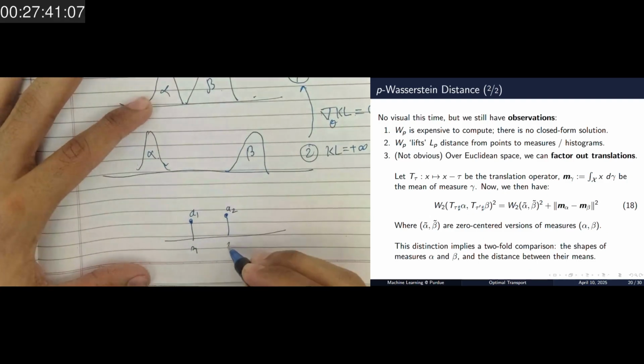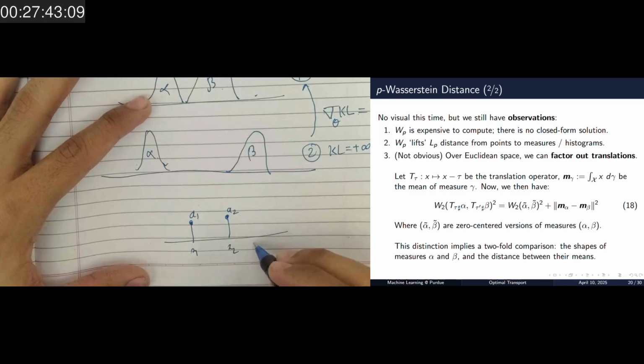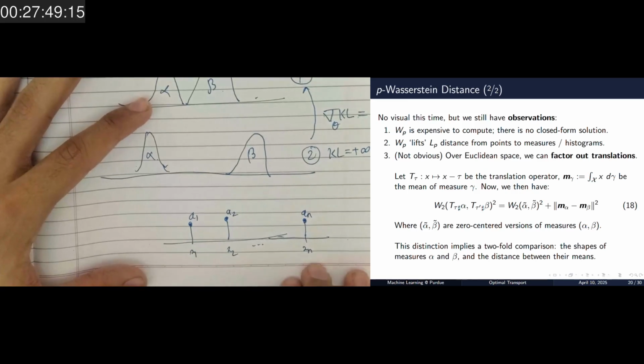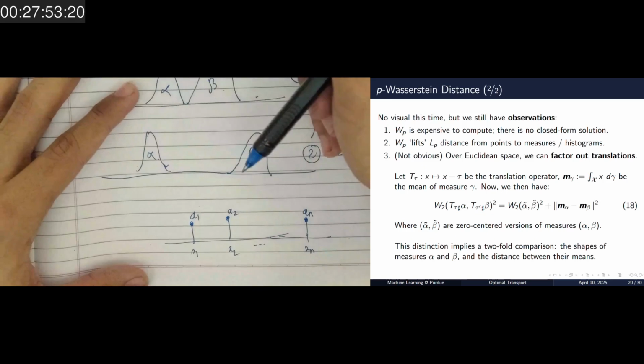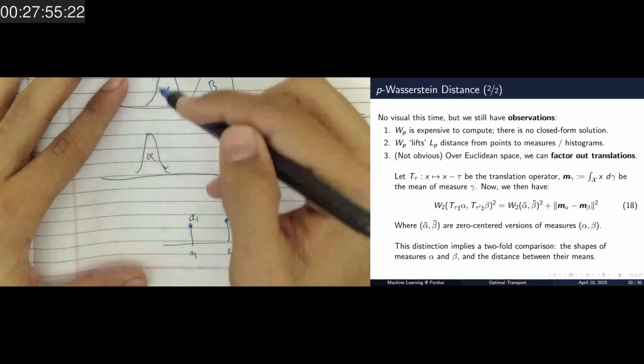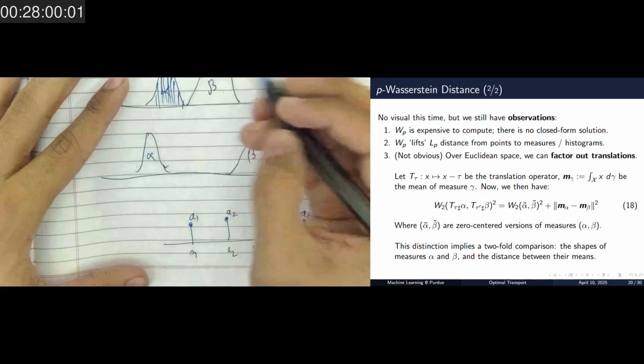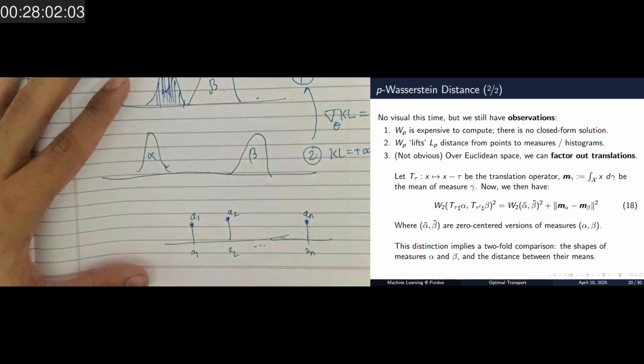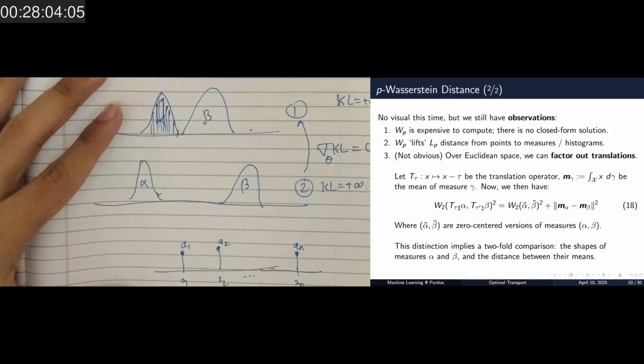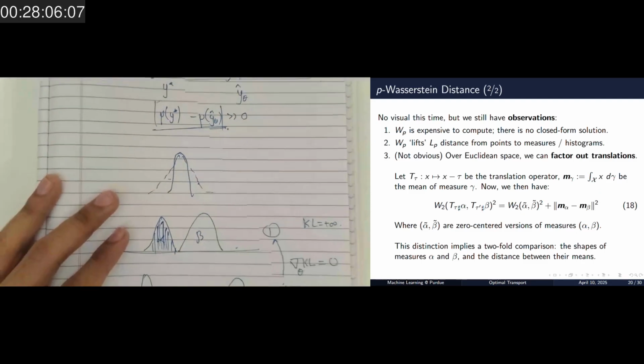At point x2 you have mass a2, and so on and so forth, right? So this is the discrete measure that we're working under. So you can just consider either the continuous case or just a highly discretized version of alpha and beta. That's it. Okay. So it's that same thing.